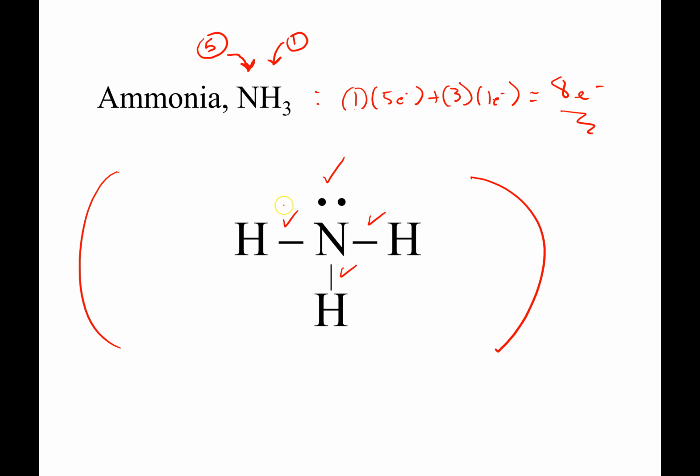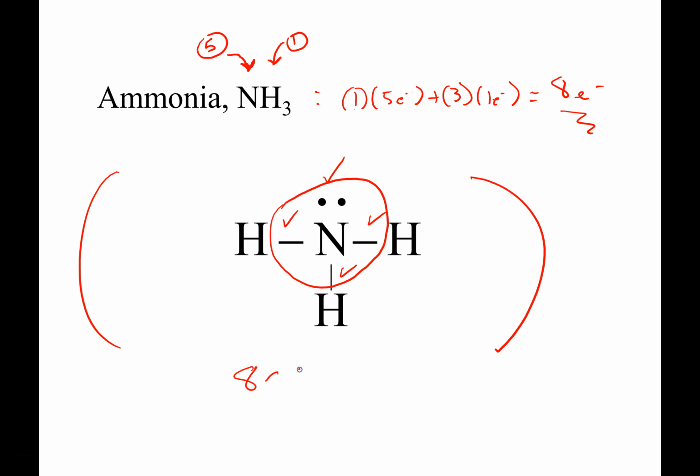And another check, of course, is if I look around my nitrogen, it's got 2, 4, 6, 8. It's got joint custody of 6 and real custody of 2. So 6 plus 2 is 8. Cool. Another thing we talked about was the whole reaching out, or expected valence. It's always 8 minus the group number.